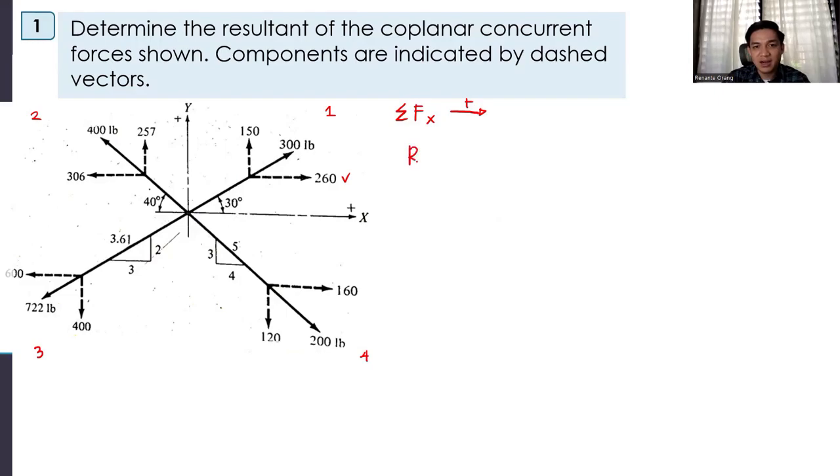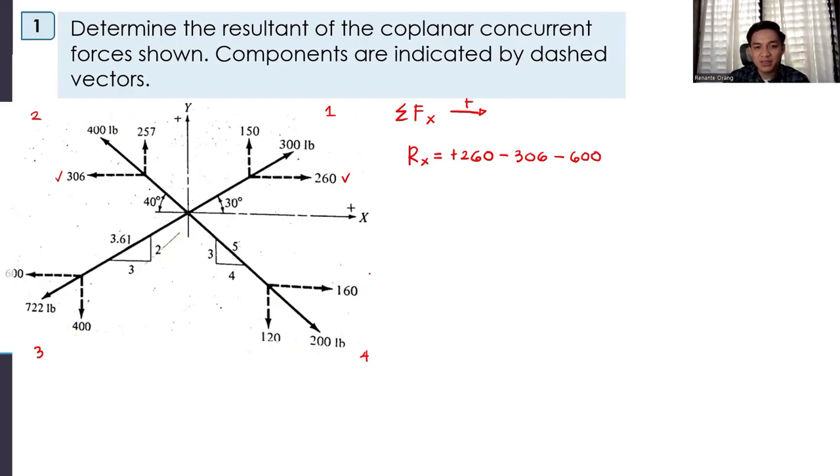So lagay natin Rx is equivalent to positive 260. Eto is 306, papunta tayo sa left, so negative 306. Next one, we have our 600, which is going to the left, so negative 600.